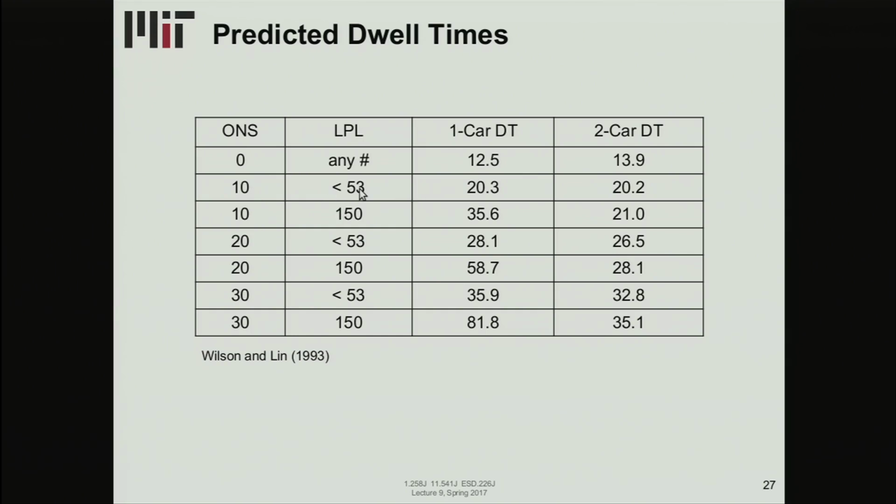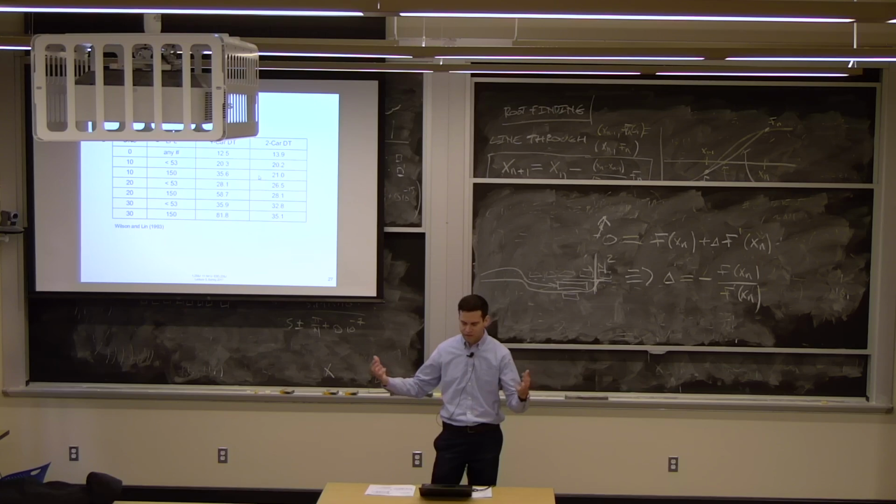So if the load is, say, less than 53, then you don't have the friction factor really controlling anything. So you have 20.3 or 20.2, so a very small effect of friction, and therefore about the same time for both models. If it's very crowded, then you do have a more significant benefit for having a two-car train. That makes sense, right? You have more capacity.